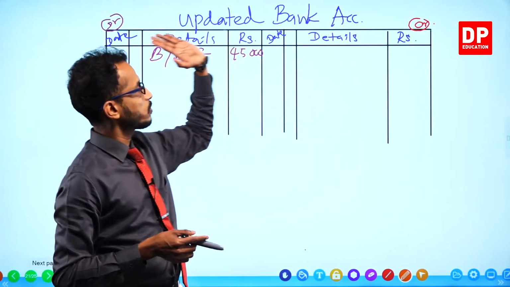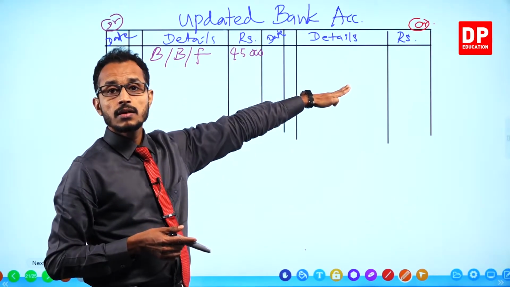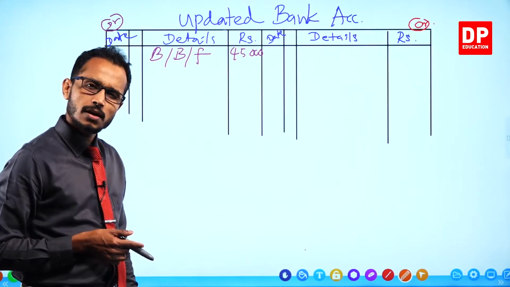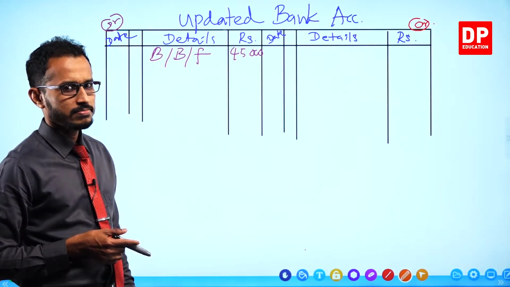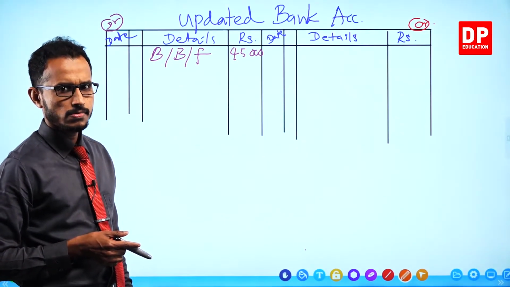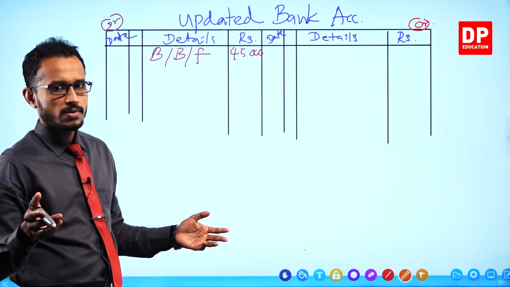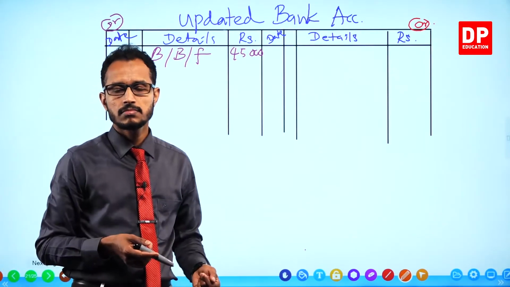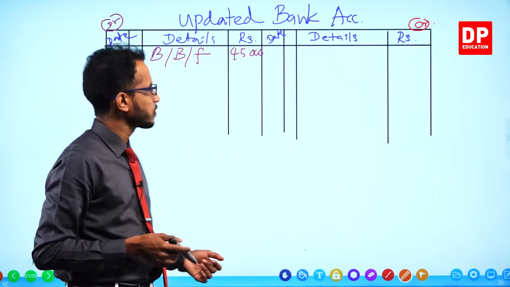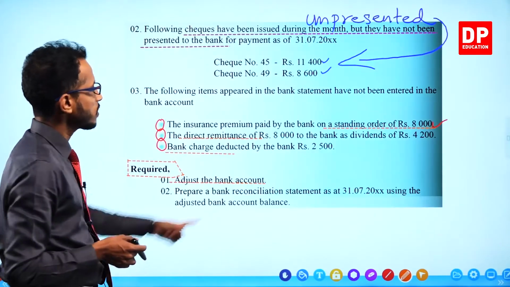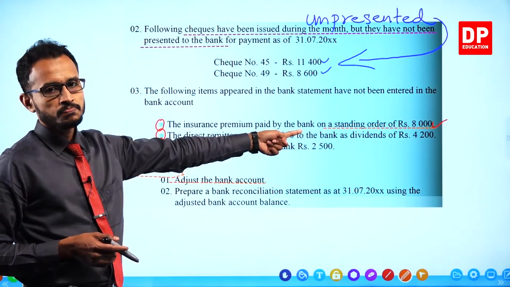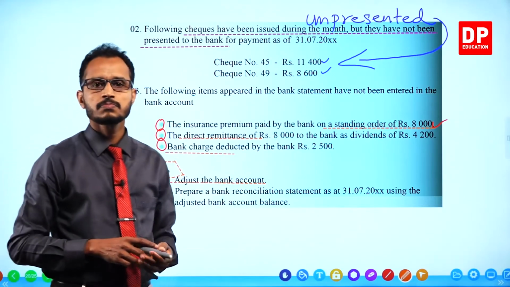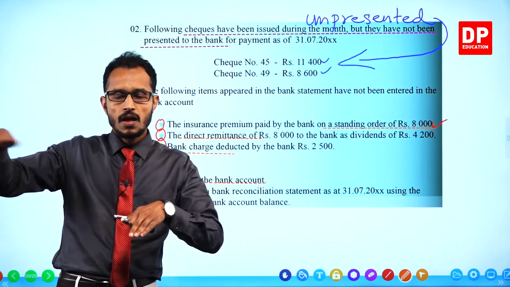Debit or credit? Credit, right? Of course, credit. Standing order should be on the credit side. Why? Because these are payments.